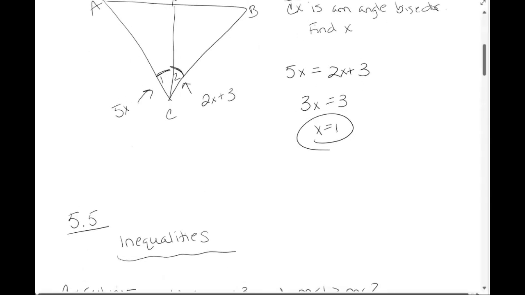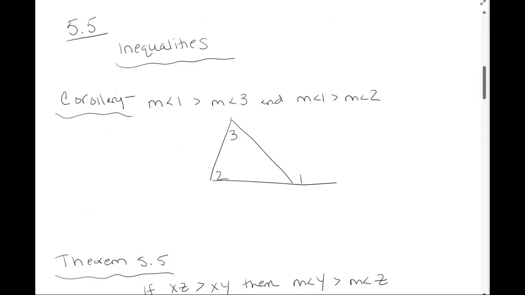All right, you guys, let's move on. Section 5, we're talking about triangle inequalities, and we have several theorems and corollaries that we need to talk about. The first is a corollary that says the measure of angle 1 in this picture has got to be bigger than the measure of angle 3 and the measure of angle 2.